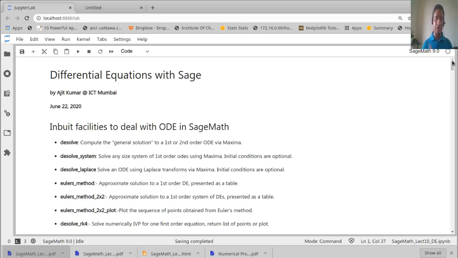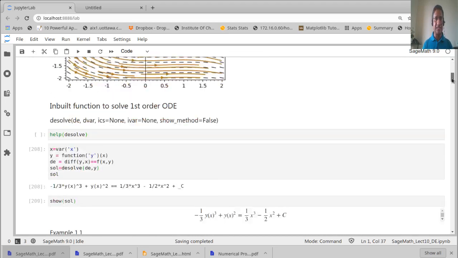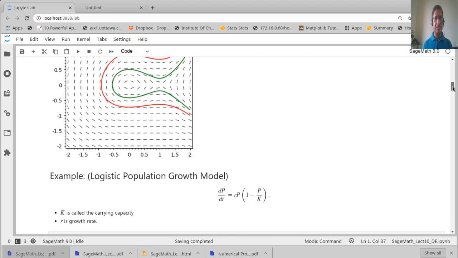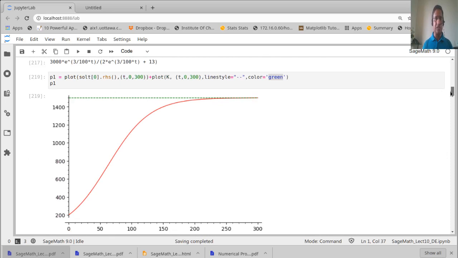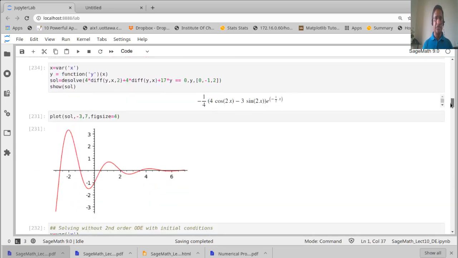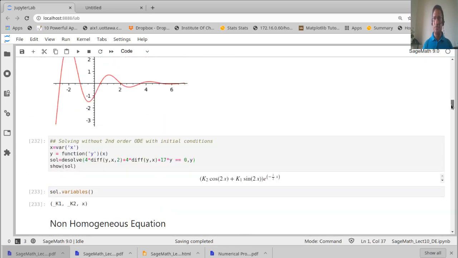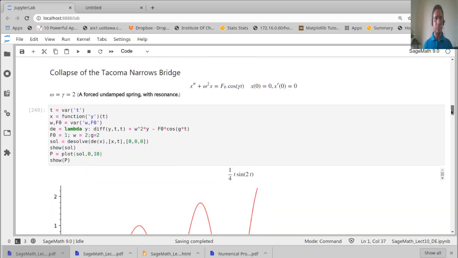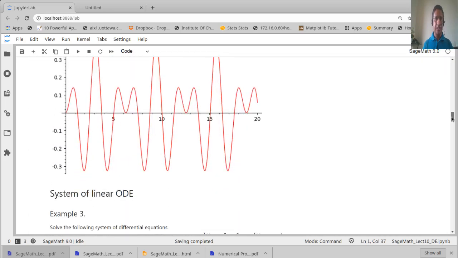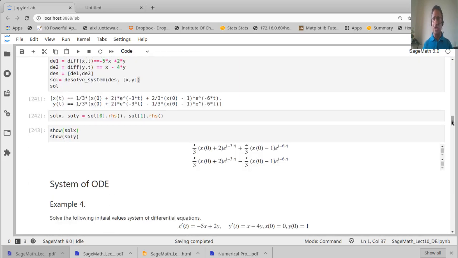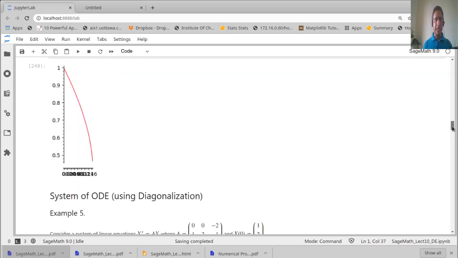And then I also gave several real life applications like the epidemic model or population growth, or even the bridge problem, right?